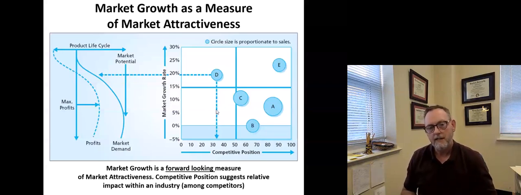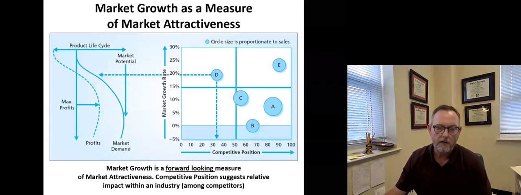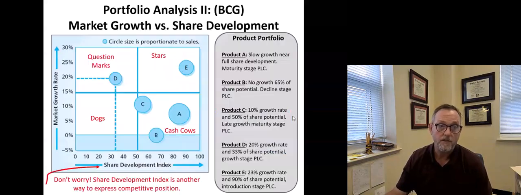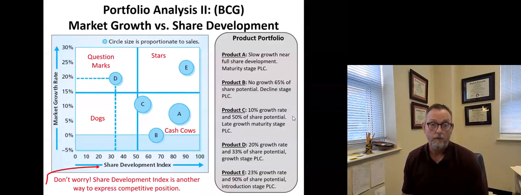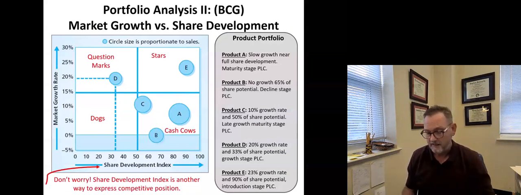So you kind of get this idea of mapping on the product lifecycle chart, but now we're going to map it in a 2x2 matrix. And now we can also form an enormous number of different strategies with these types of products. You're going to remember, again, these different names: question mark products, star products, cash cows, and dogs. Well, that's called the Boston Consulting Group Growth Share Matrix.